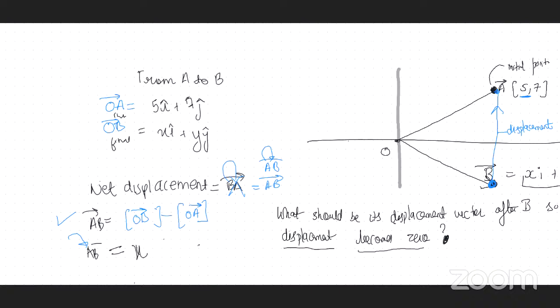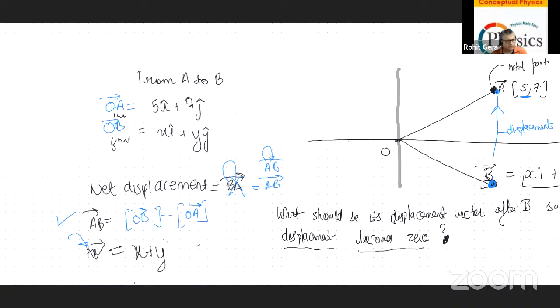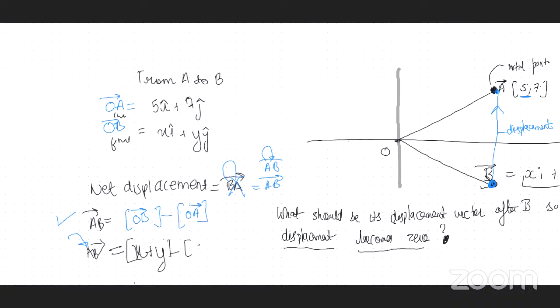First, write the vector which represents your displacement. X plus Y. I don't need to write the i and j, right?